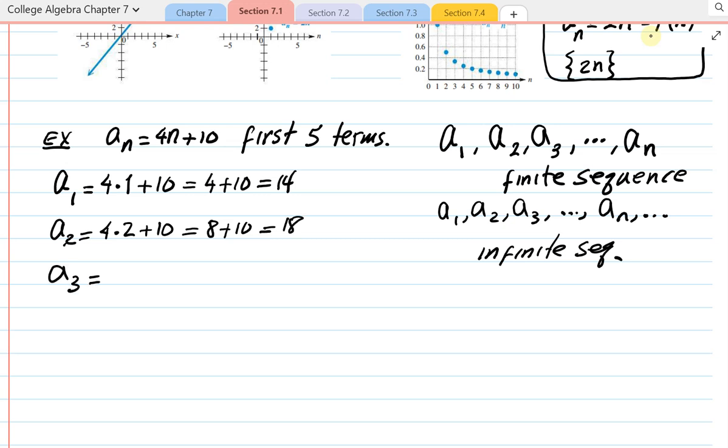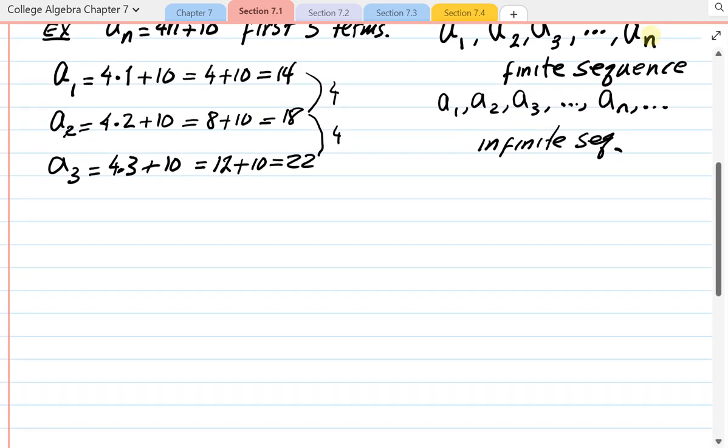And a sub 3. So you kind of see how this goes. It kind of forms a pattern, right? And one thing that's interesting about sequences and series is the patterns that we see in these expressions. That's 12 plus 10, or 22. And you can see that these values are separated by a fixed constant, namely 4.